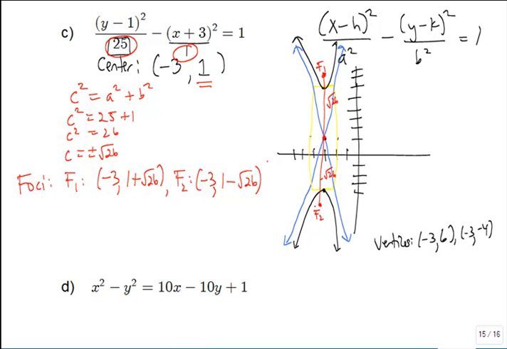All right, last but not least, the asymptotes, and this is a little bit tricky, okay? So here's what we're going to do. First, let's find the slope of our asymptotes. And to figure out our slope, go from your center and figure out how far up and over we go. What's our rise over our run from the center to the corner point?